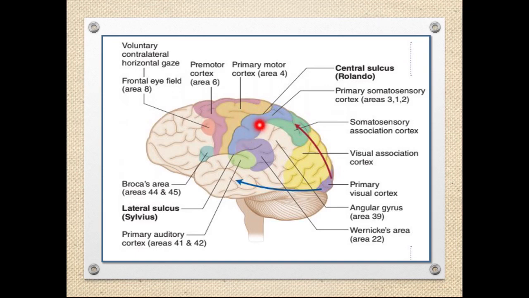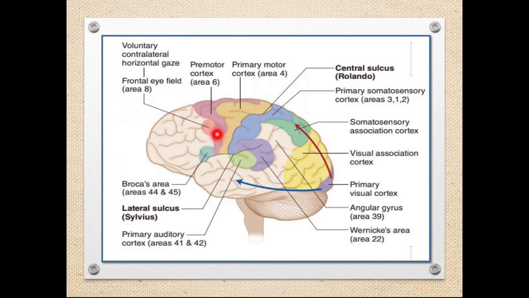The postcentral gyrus forms the primary somatosensory cortex, areas number 3, 1 and 2. The precentral gyrus is the primary motor cortex, area number 4, this yellow one. Anterior to this primary motor cortex is the premotor area.